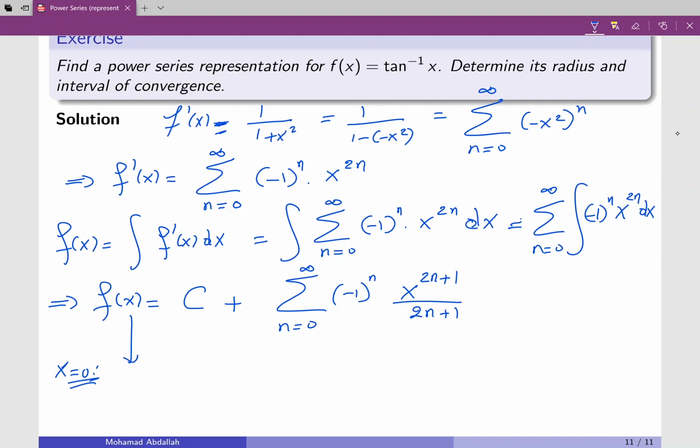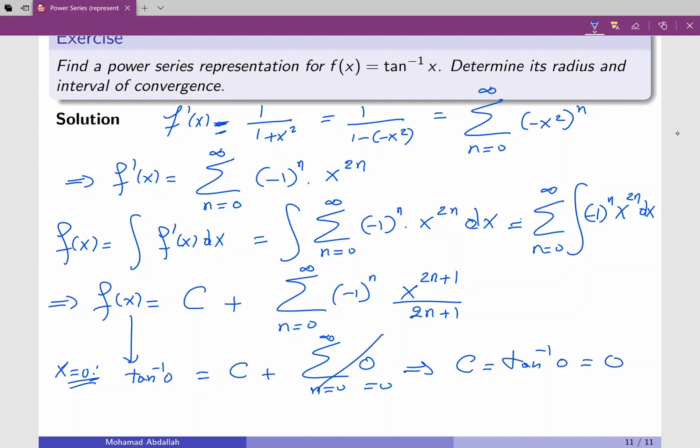This is f of x, which is tangent inverse of 0, and it is going to be equal to c plus the summation from n equals 0 to infinity of 0. So this means that the constant is tangent inverse of 0, because the sum is going to be 0, and tangent inverse of 0 is equal to 0. As a result, I have f of x, or let's write it as tangent inverse of x.